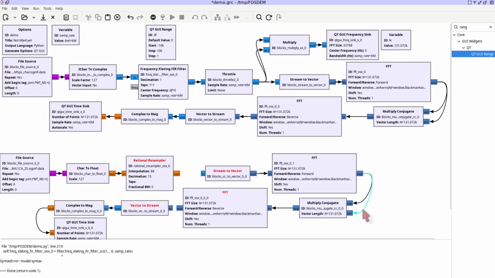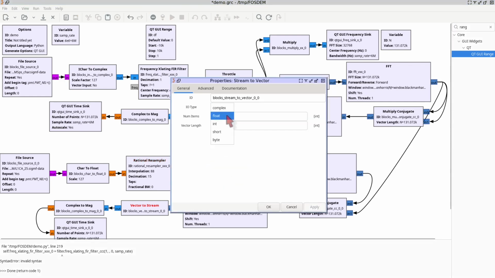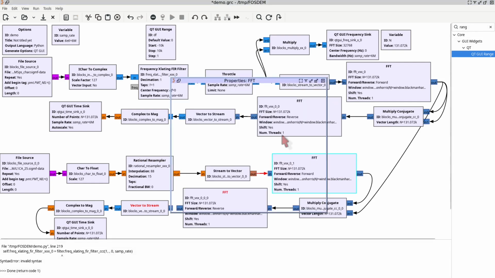And so this time, instead of correlating for the autocorrelation, we're going to take this as the second input of a cross correlation. The rational resampler now requires that we manipulate real quantities, and the FFT will take a real input as well.